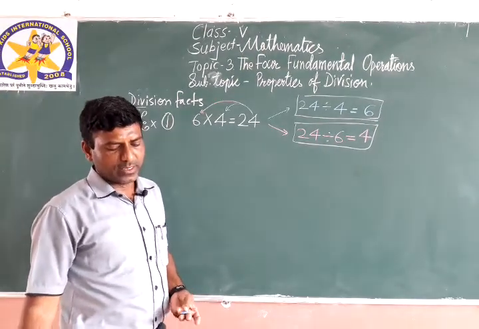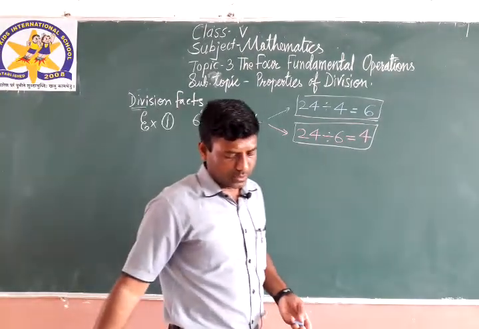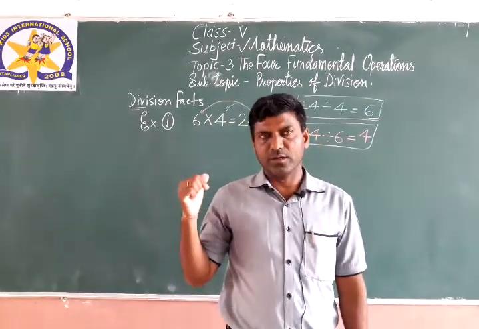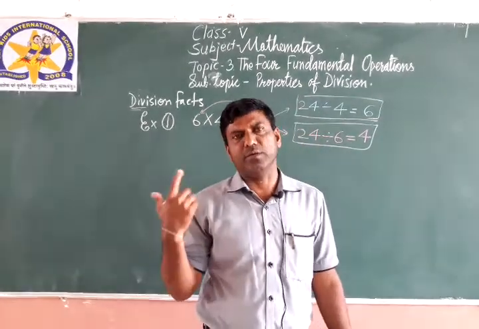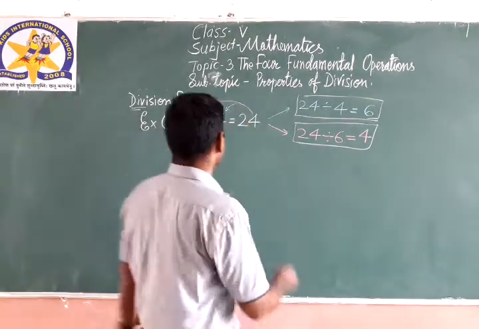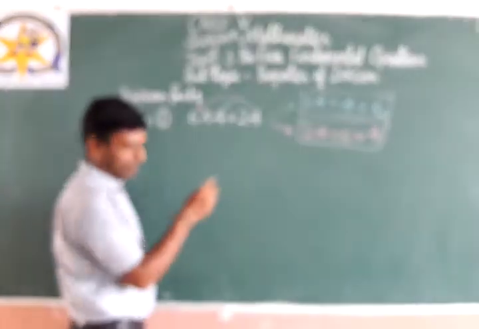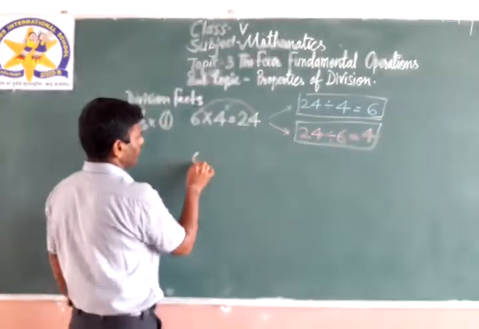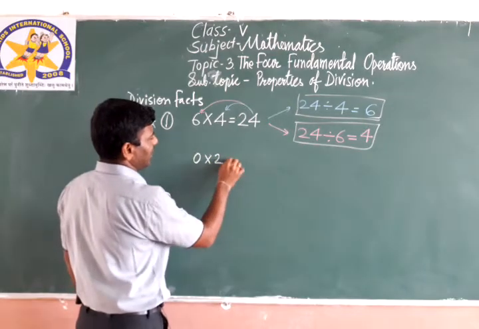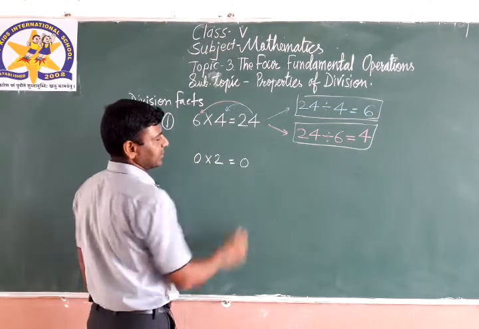Understand? But here it is not, it is except 0 and the number by itself. Right? Let's see. Suppose 0 multiplied by 2. Answer is 0.